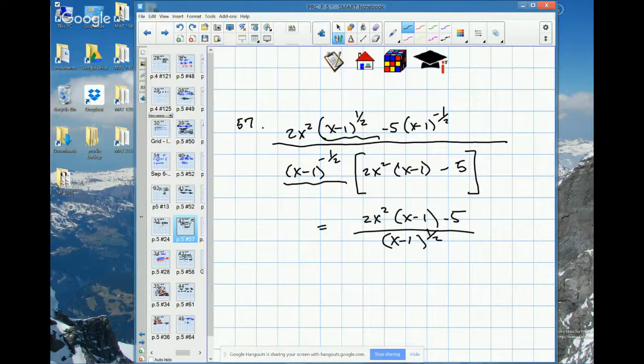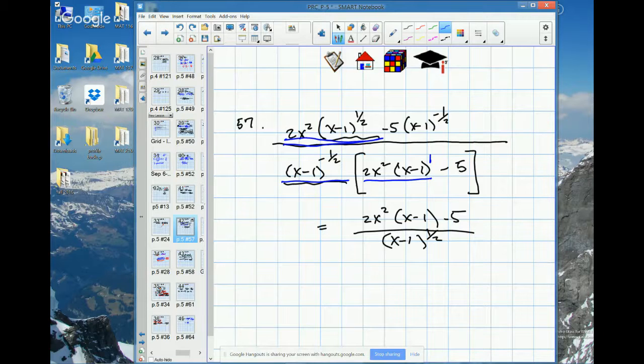What plus a negative 1/2 equals a positive 1/2? A 1, right? So I didn't write it, but in effect, it's there. Hopefully all of you see that this times this would really equal that term right there.